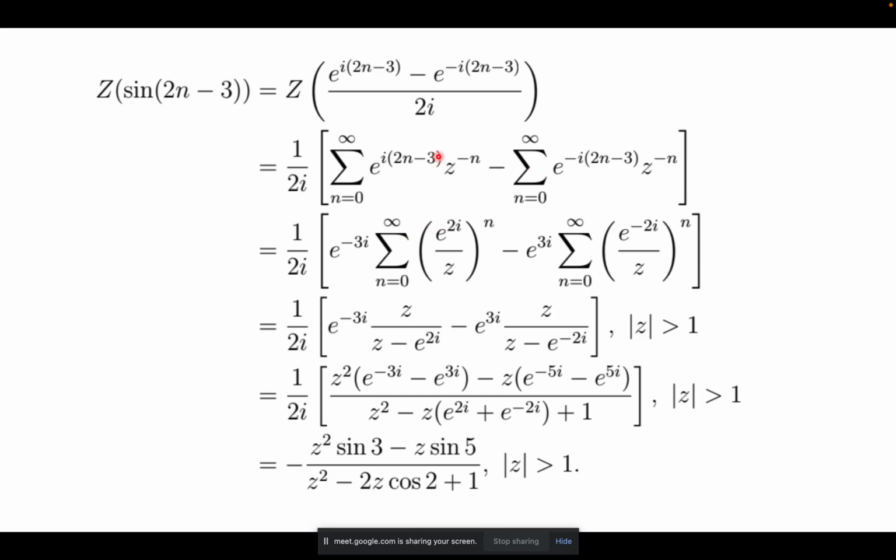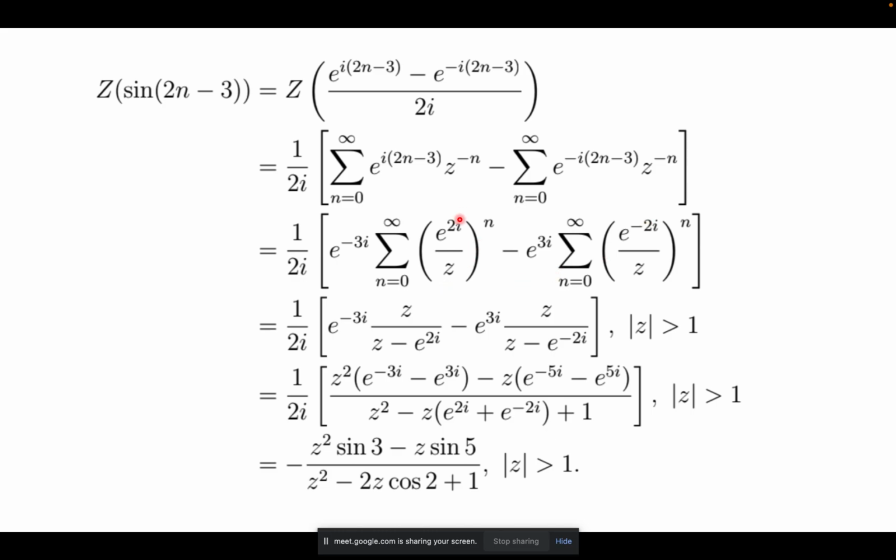Now I can bring this e power minus 3 iota outside here, and then you can do the summation from n equals 0 to infinity. You will get e power 2 iota upon z, the whole power n, right? Let me just rewrite this. And similarly, you can bring the e power 3 iota here.